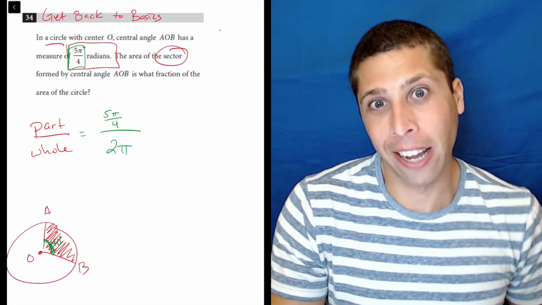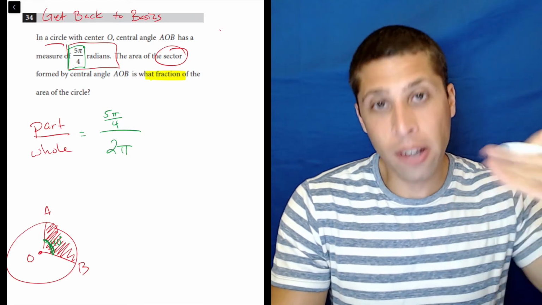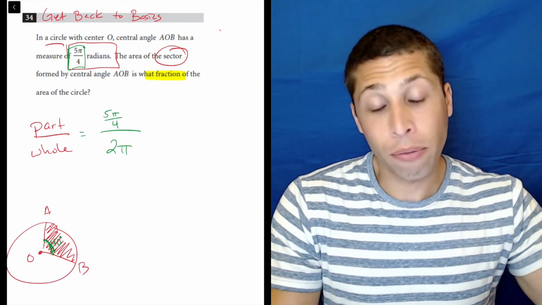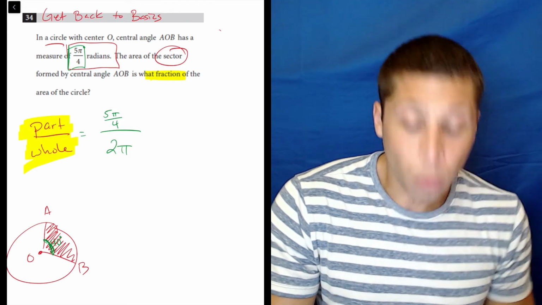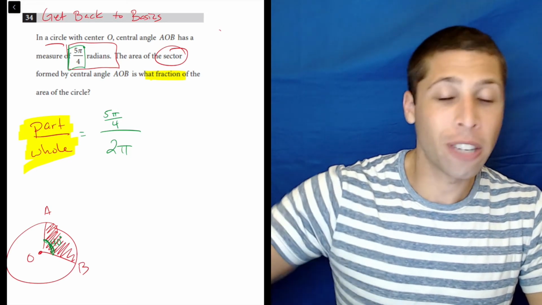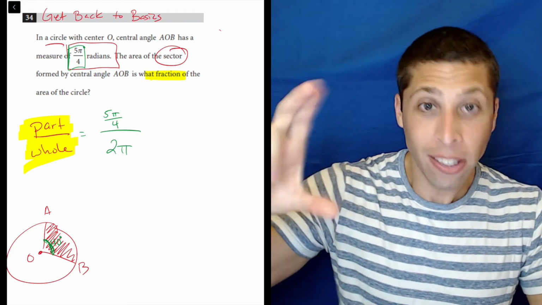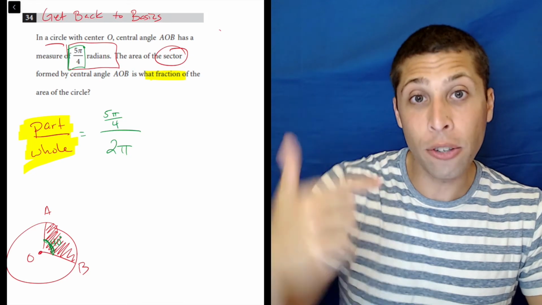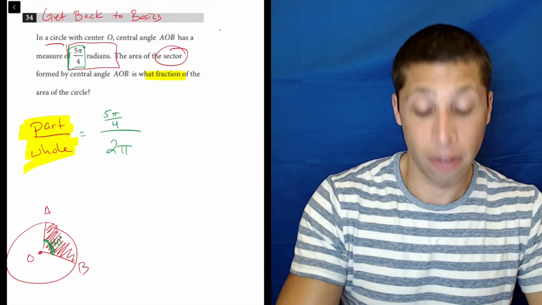But the most important piece here is they're asking for what fraction of a circle this is. And the reason that part over whole works is it's a way of representing the fraction of the circle that we have. So the whole fraction is the answer. So what we need to do with what we just created is simplify it. Once we simplify it, we're done.